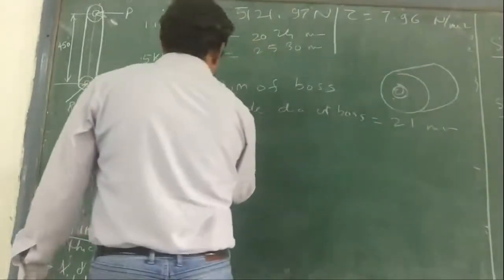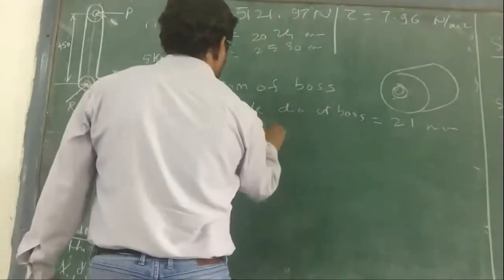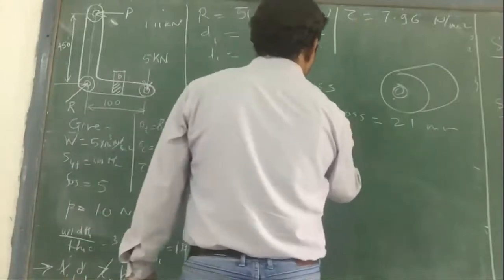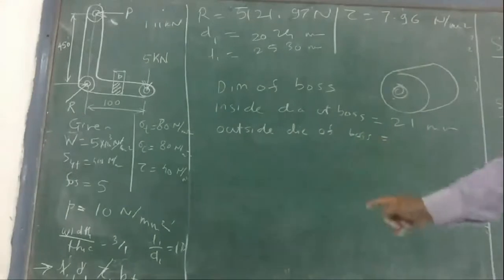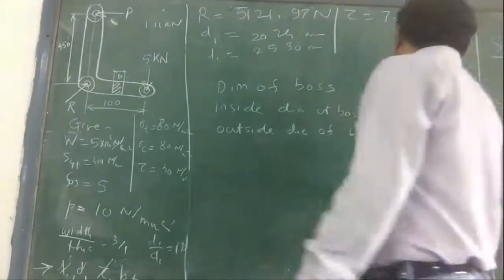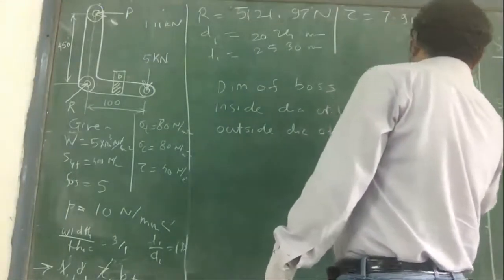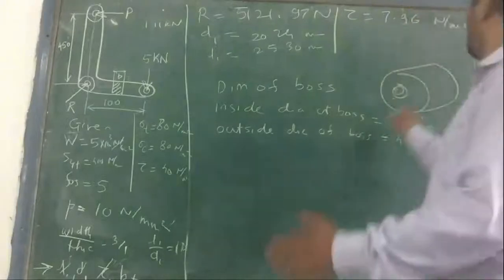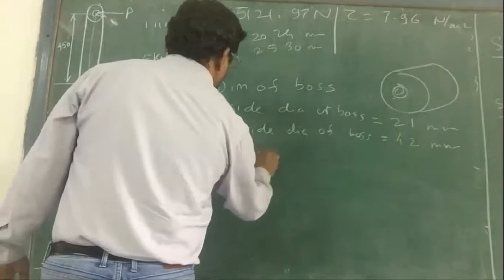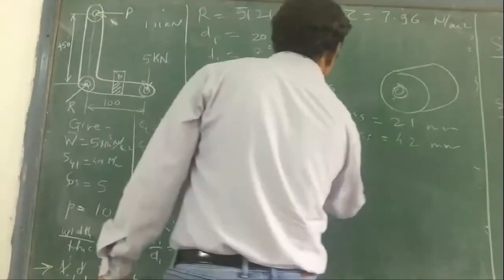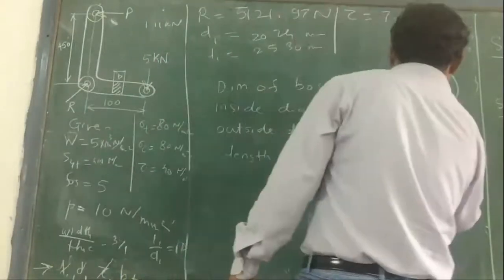The outside diameter of the boss will be double of it, twice that diameter, which is 42 mm. The length of the boss is 26 mm.